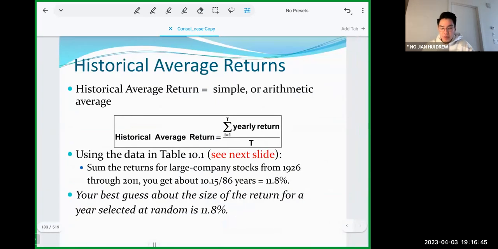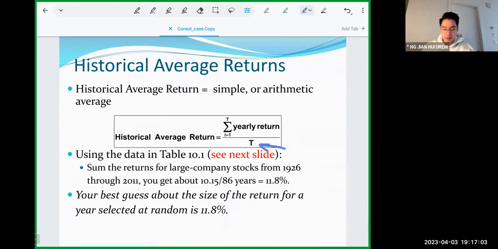Okay, so if we want to do a simple arithmetic returns calculation, we generally just take the mean or average. We just take the total number of returns divided by the number of periods, t, here.